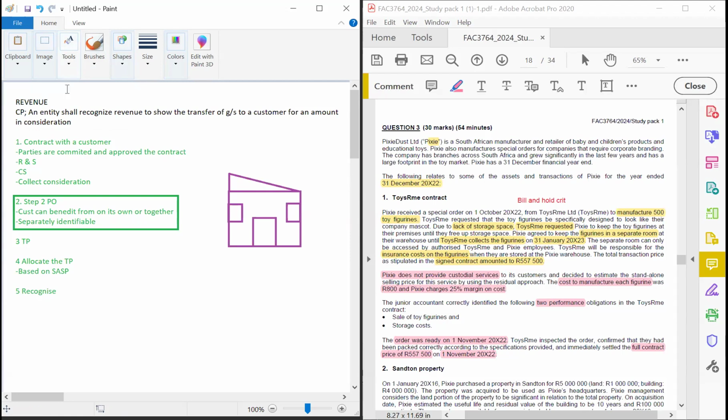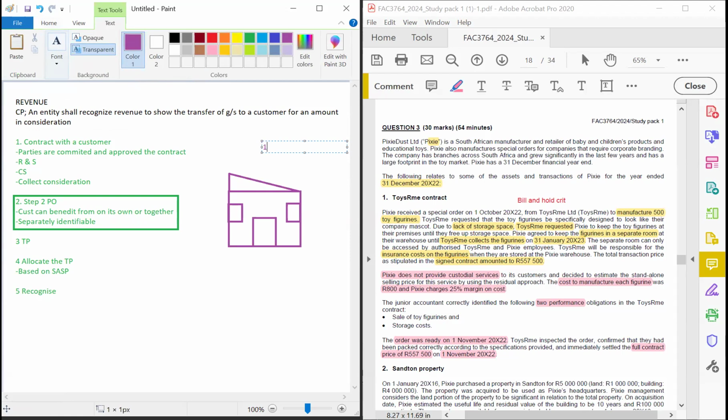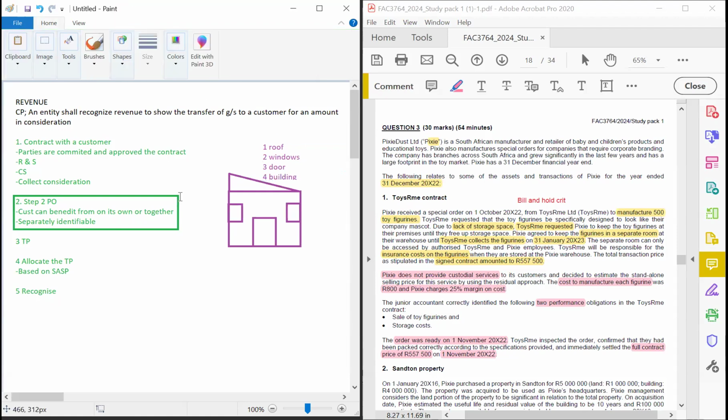So let me write them here. Namely, the first thing that you have done is the roof, right? The second thing is the windows. So these are the promises in the contract that you promised the customer. And then you have the door, and then obviously the building. So now, these are four promises to the customer.